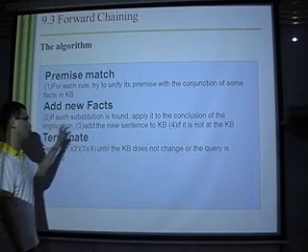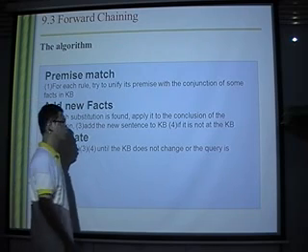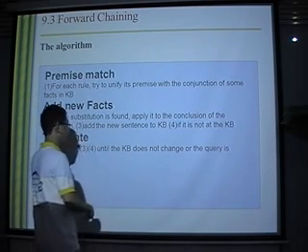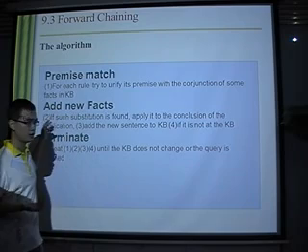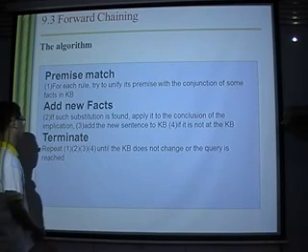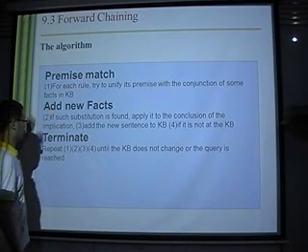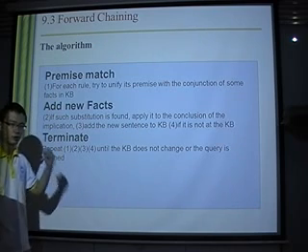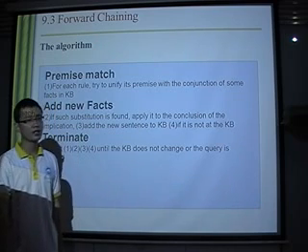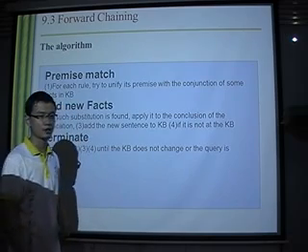If such a substitution is found, we apply the substitution to the conclusion of the implication and add the resulting new fact to the knowledge base if it is not in the knowledge base already. These two steps repeat until the knowledge base does not change, which means the query cannot be entailed, or the query has been reached.